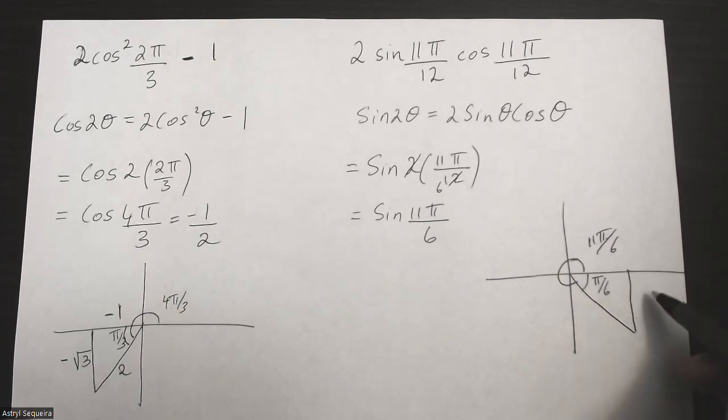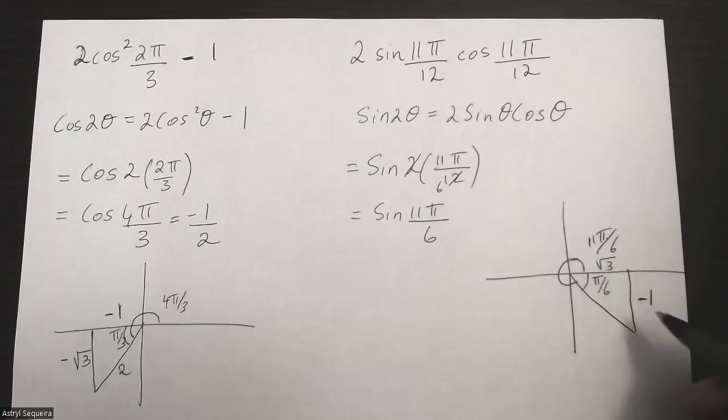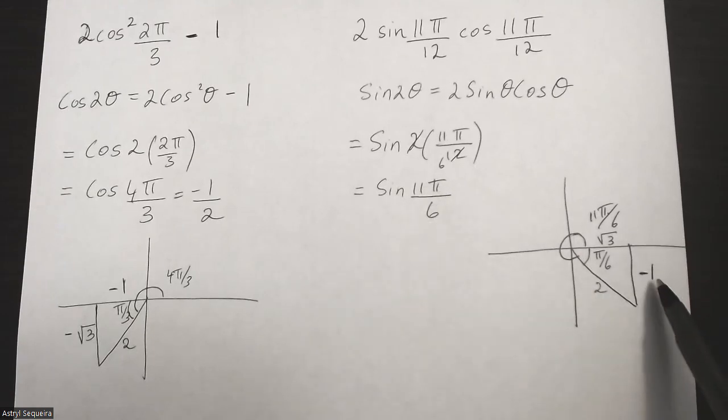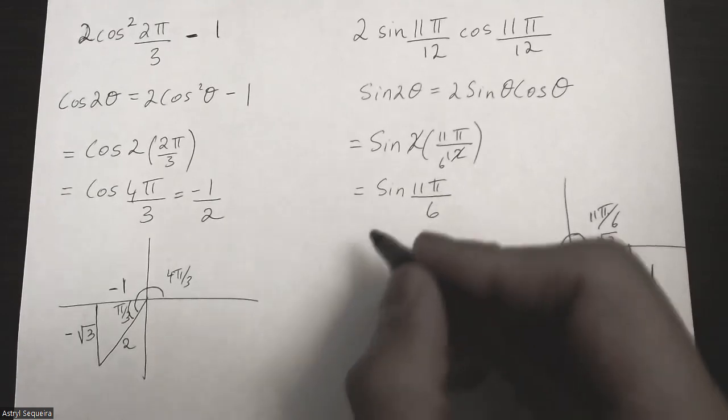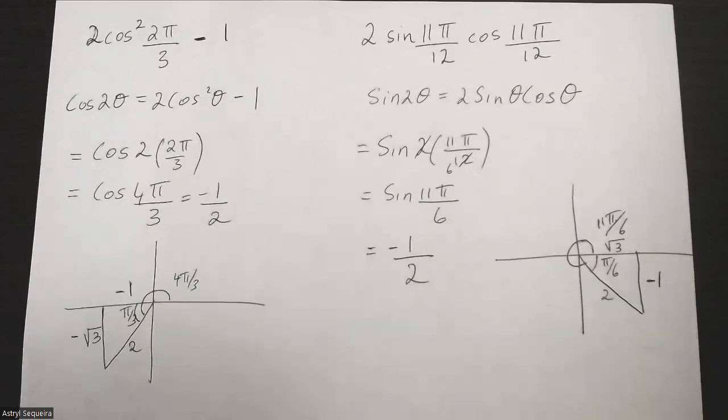Opposite of pi over 6 is 1, but since it's the negative y-axis again, it's negative 1. Adjacent is root 3, and hypotenuse is positive 2. So I know that sine of 11 pi over 6 is just opposite over hypotenuse, which is negative 1 over 2.